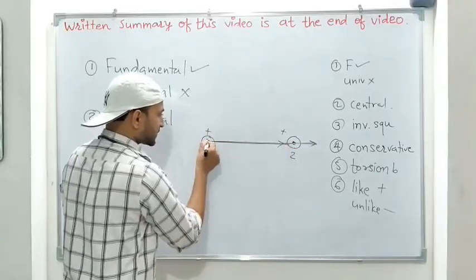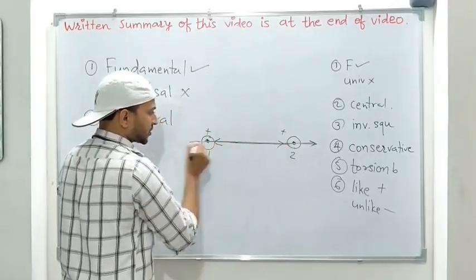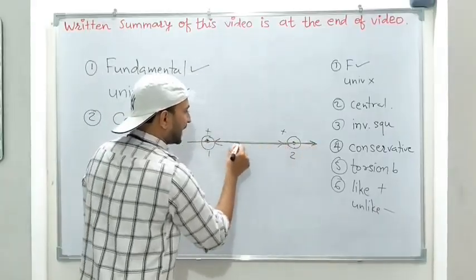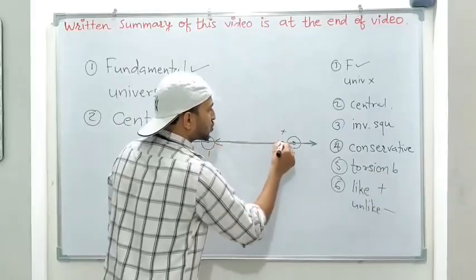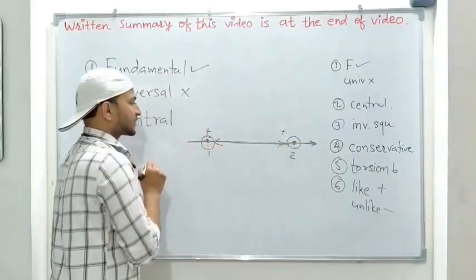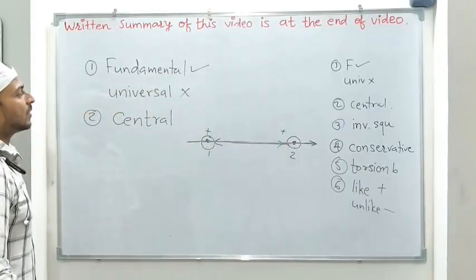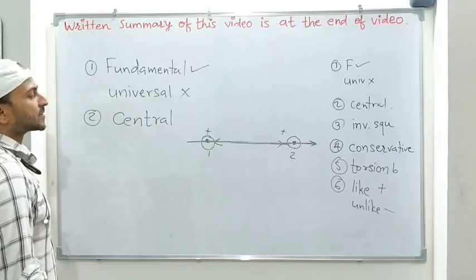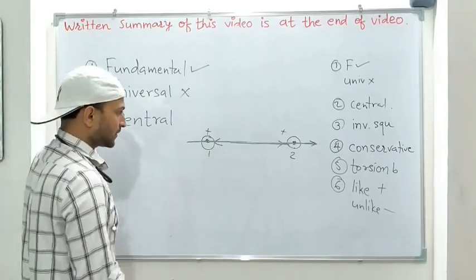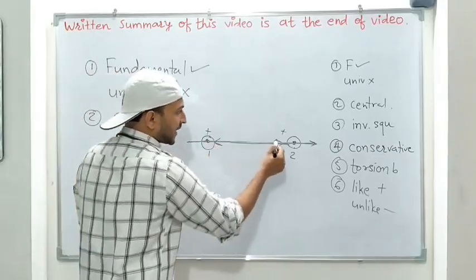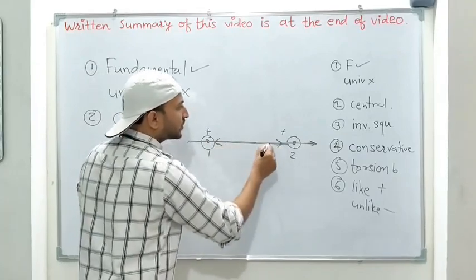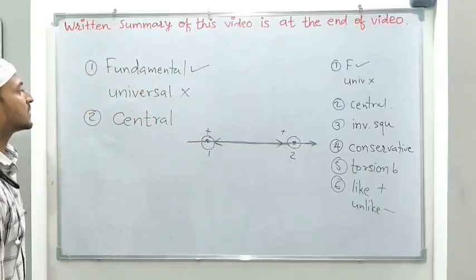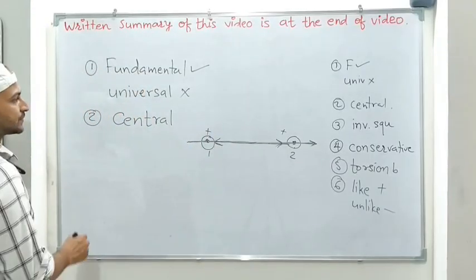Second body repels first body in this direction. So both the forces act on the line that joins the centers. This is the meaning of the statement that Coulomb's force is a central force. The force which acts on the line that joins the centers is the meaning of central force.